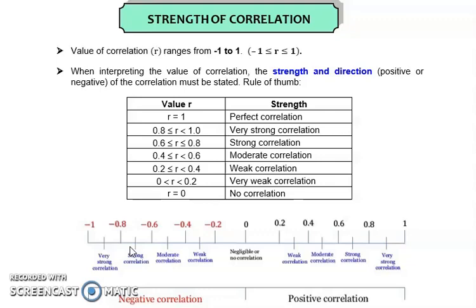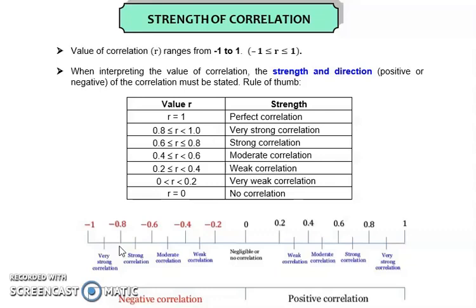It is not necessary, for me I don't mind, for you to state very strong or very weak and so forth. So you just remember from 0.8 and above, strong correlation. If it is positive, strong positive correlation. If you get negative, strong negative correlation.